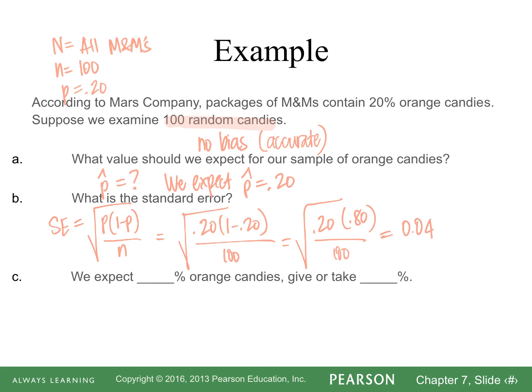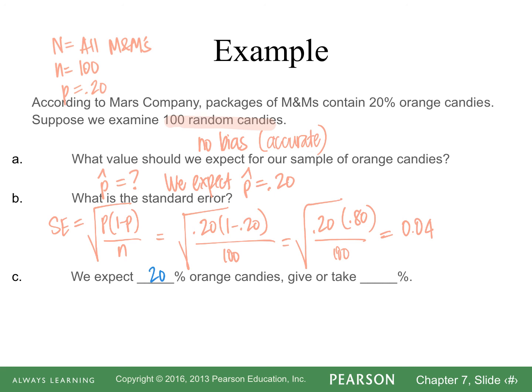Now we can go ahead and fill in the blank to answer the question. So we expect 20% orange candies, right? Because we expect to hit our target. Give or take. Give or take means what is the error that we may or may not have?